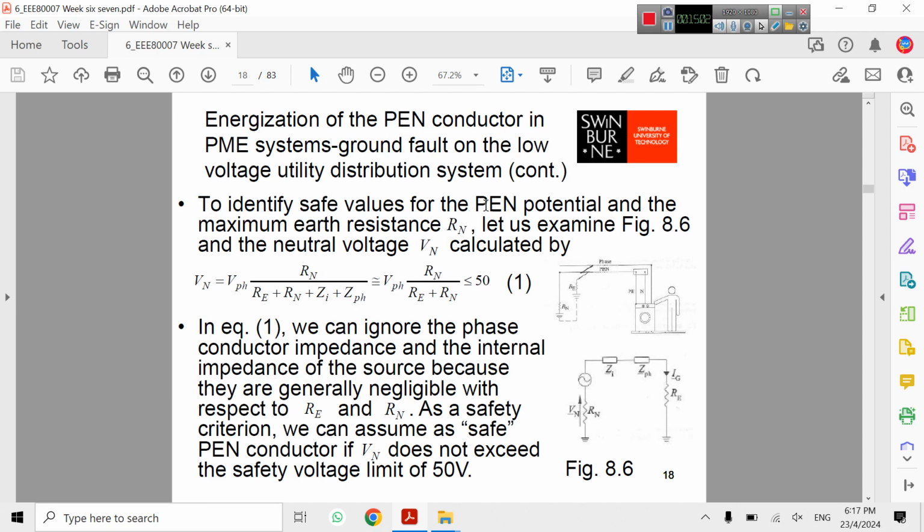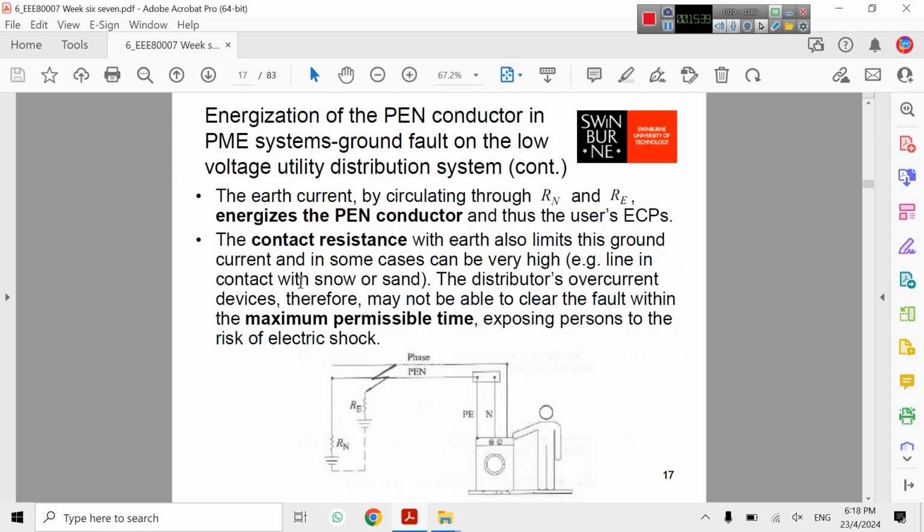To identify the safe value of PEN potential and the maximum earth resistance Rn, let us examine this figure, which I think is very easy to understand. Vn is the neutral voltage, which we expect to be zero always, but due to the neutral current we have neutral voltage. So V neutral equals V phase times Rn over Re minimum plus Rn, Zi and Z phase.